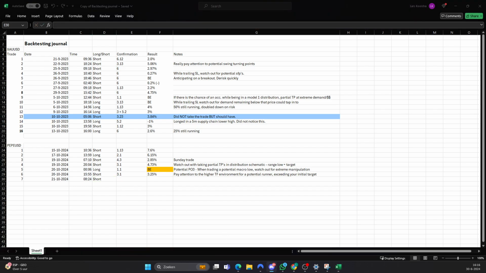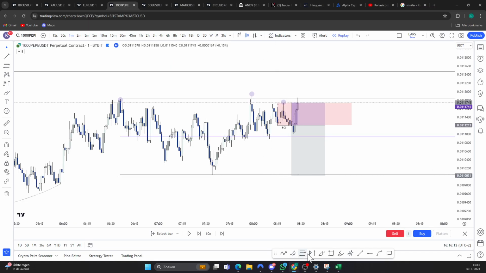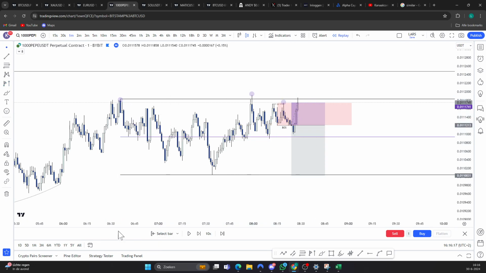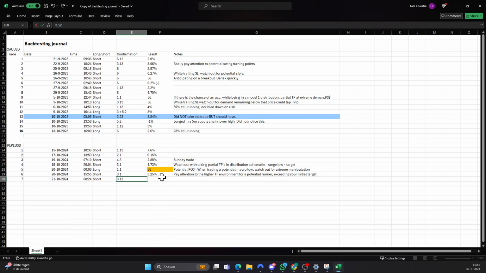It was a 3.12. Minus 1%. Actually, our first loss in this whole series. Wait, let me put it like this: 1% minus.